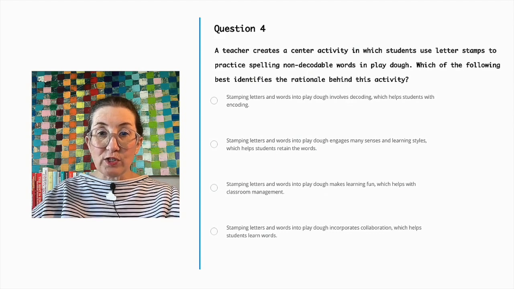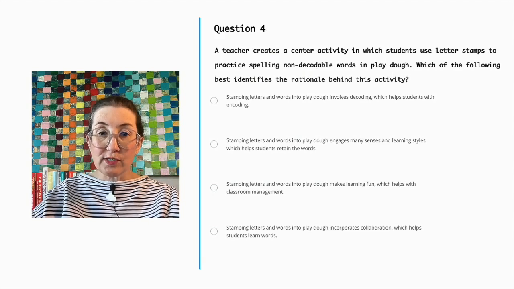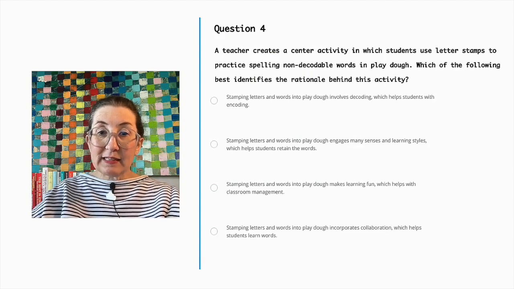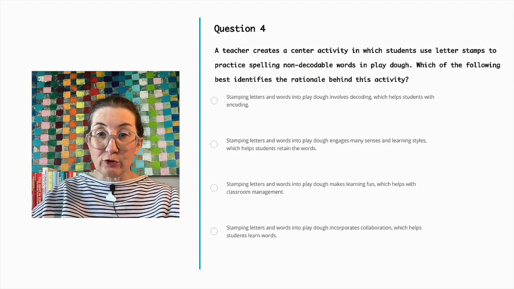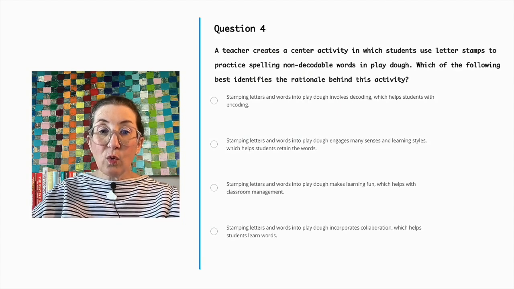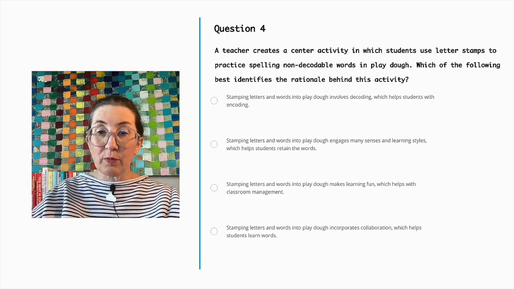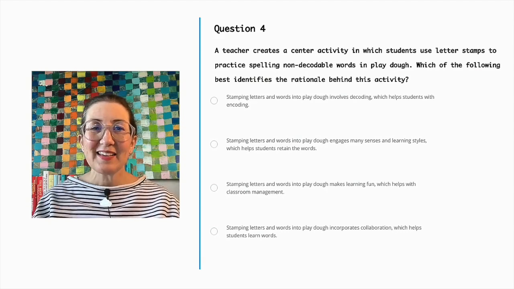Stamping letters and words into Play-Doh engages many senses and learning styles, which helps students retain the words. Stamping letters and words into Play-Doh makes learning fun, which helps with classroom management. Or, stamping letters and words into Play-Doh incorporates collaboration, which helps students learn words.